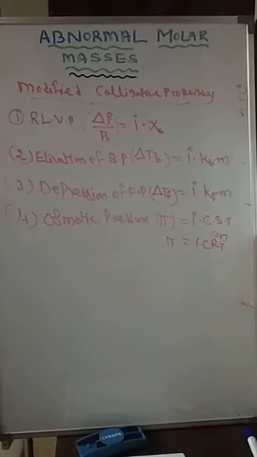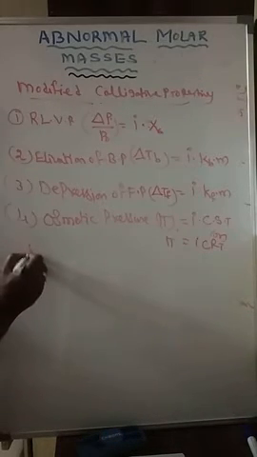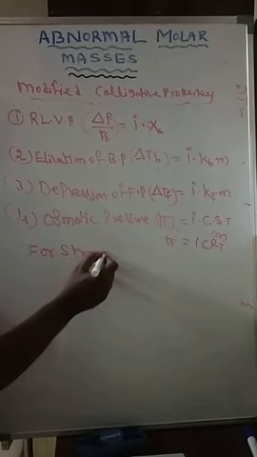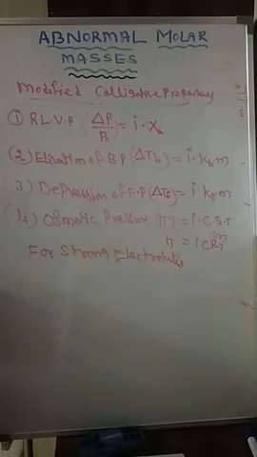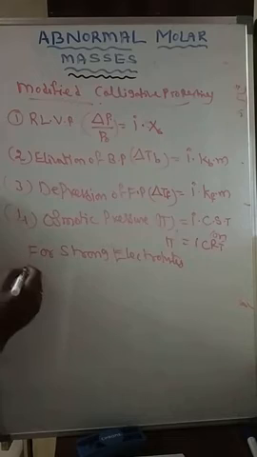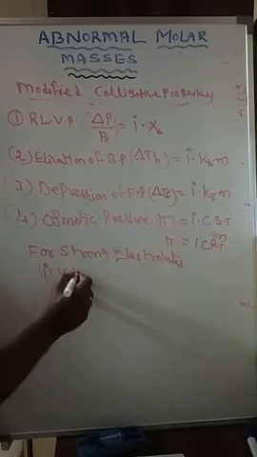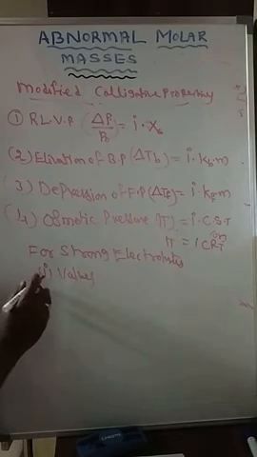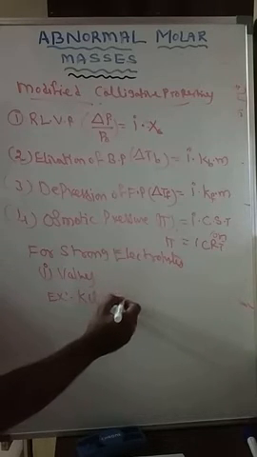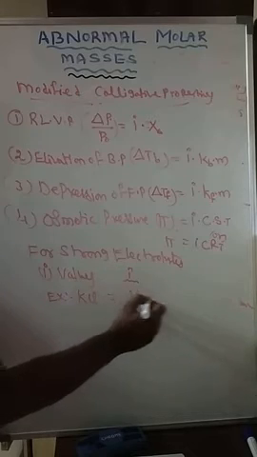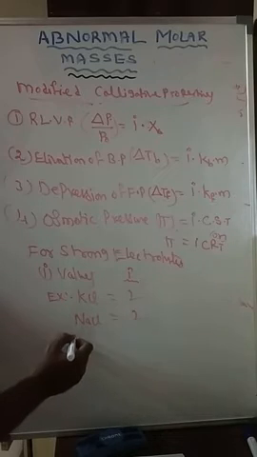So here are some examples of Van 't Hoff factor values, especially for strong electrolytes. For example, potassium chloride, here the i value is taken as 2. Like NaCl, the i value is 2.